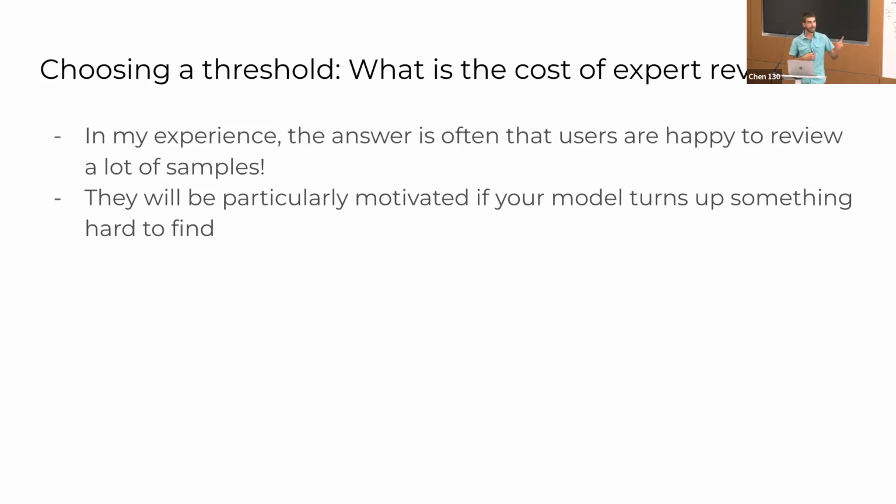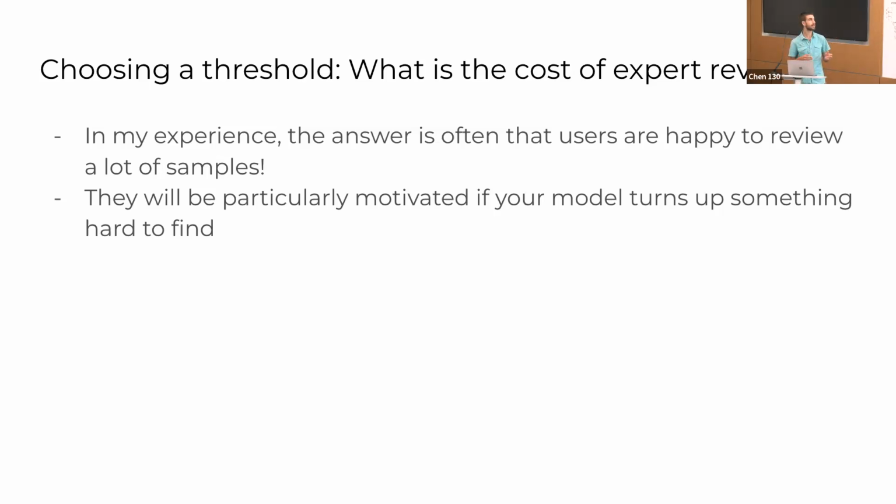And in my experience, the number that your experts or your team or you should be willing to review is actually higher than you might expect out of the box. Because maybe out of the box you're thinking, okay, I'm going to review 10 samples and I'm already going to know the answer, or my CNN is going to be so good that I don't need to review anymore.